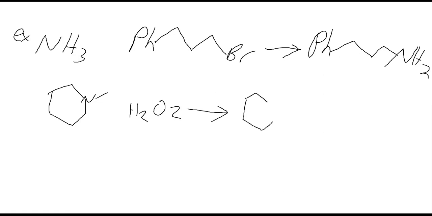So the only thing we can add is one oxygen, so O minus. That's all it can do. There's not going to be any ring opening or anything like that without any further steps.